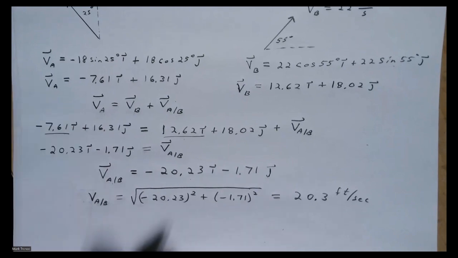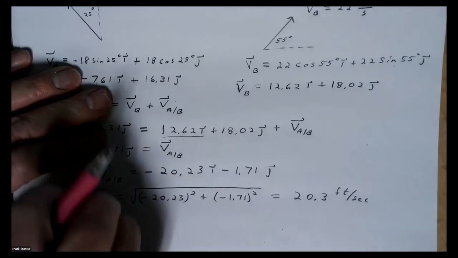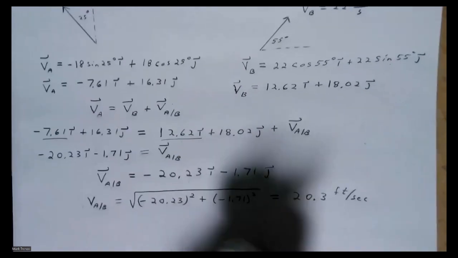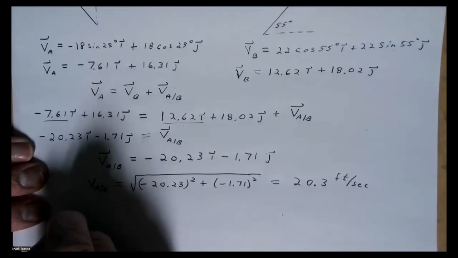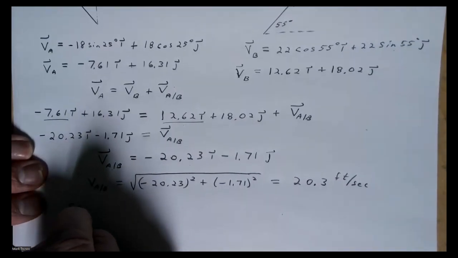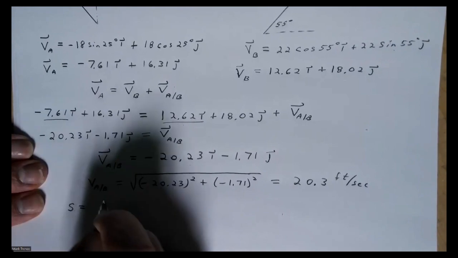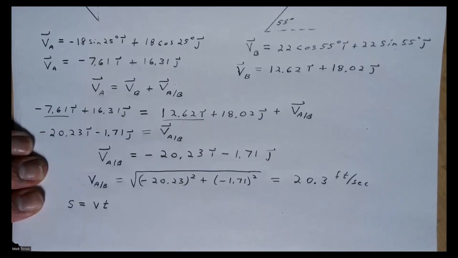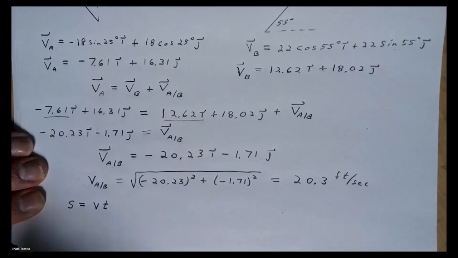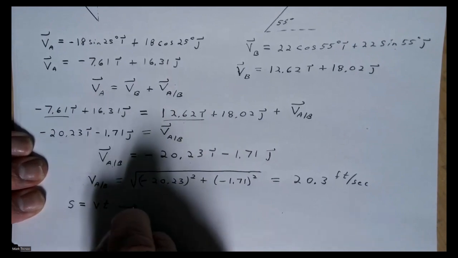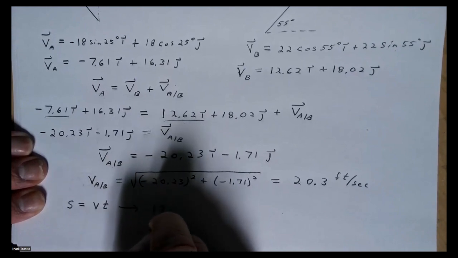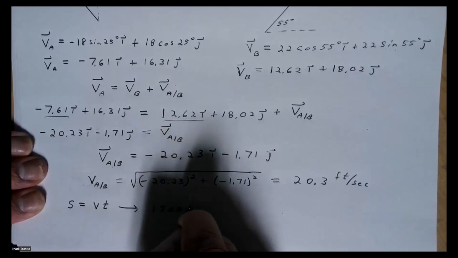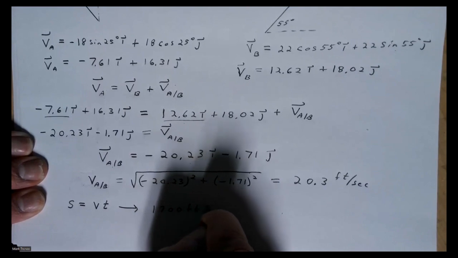So finally, if you want to know the distance, whether you call it S or whatever, remember S is going to be velocity times time. In this case, we want to know when they're 1,700 feet apart.